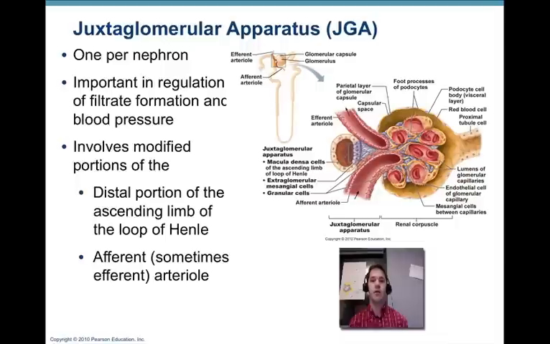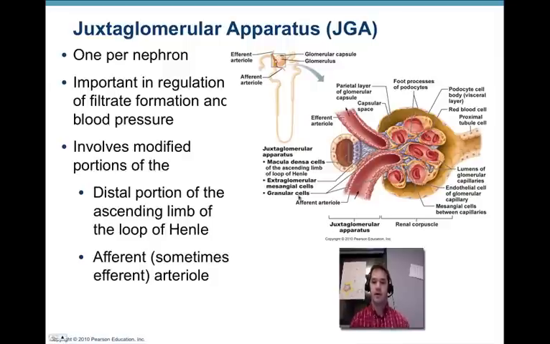And there's that picture. Another thing I want to point out to you is the juxtaglomerular apparatus. The juxtaglomerular apparatus is a modified portion of the ascending limb of the loop of Henle that passes back by the glomerular capsule. And you only have one of these per nephron, but it's very important in the regulation of filtrate formation and regulating blood pressure.